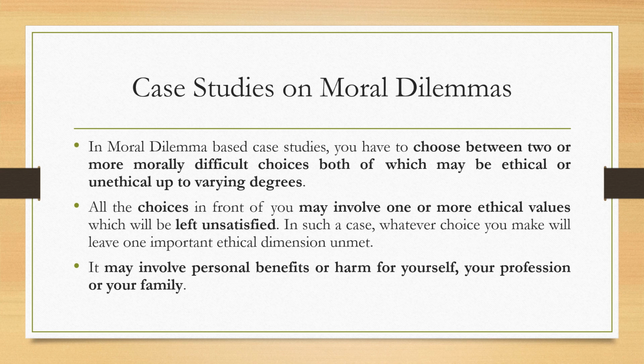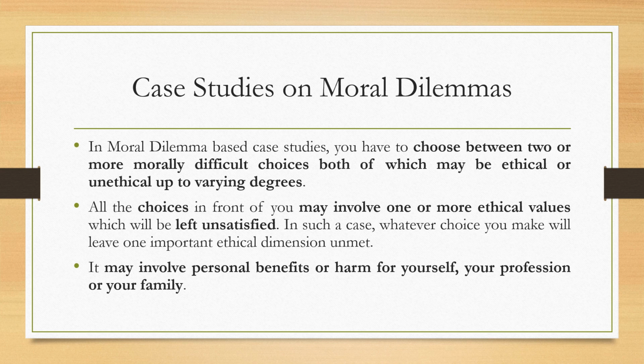Your logic, your reasoning, and your justification will substantiate why you are choosing that particular option. If your reasoning or justification is logical, ethical, honest, and truthful, then your answer is going in the right direction. So, all choices in front of you may involve one or more ethical values which will be left unsatisfied.